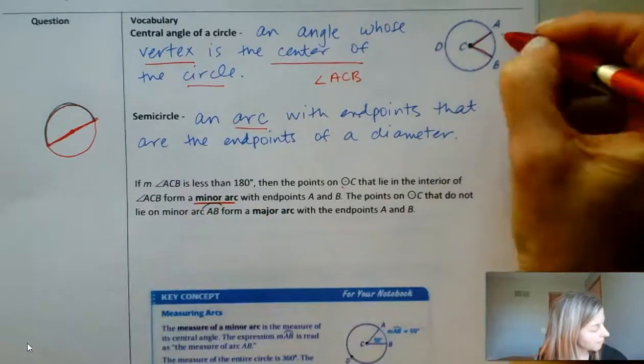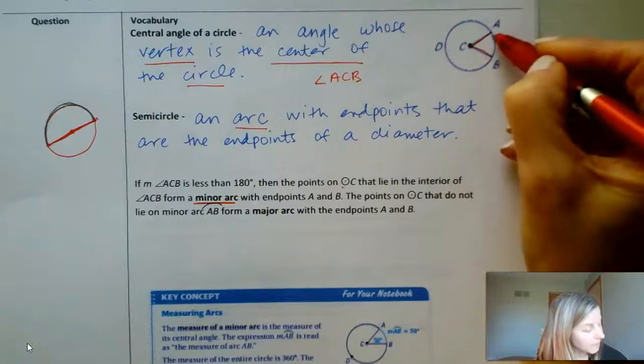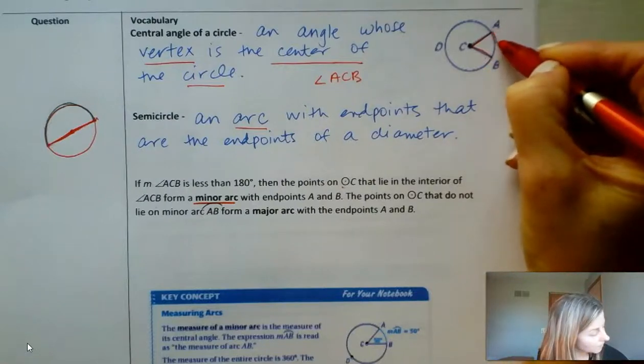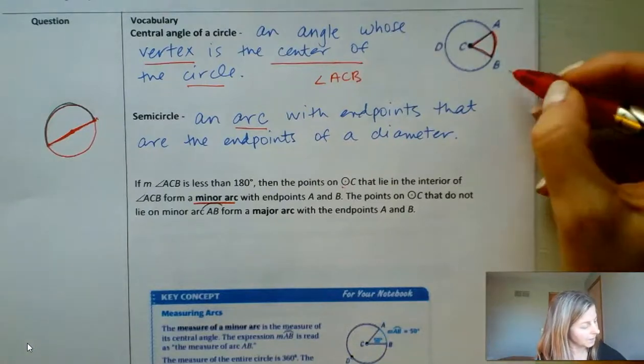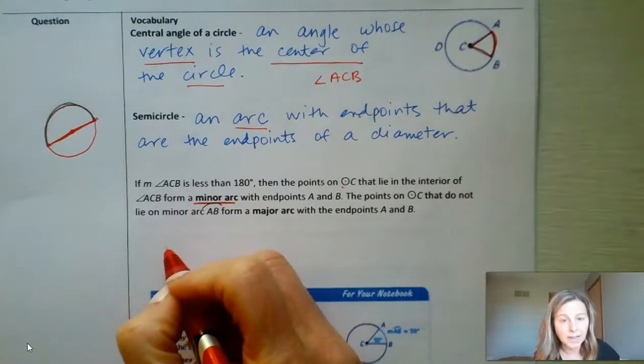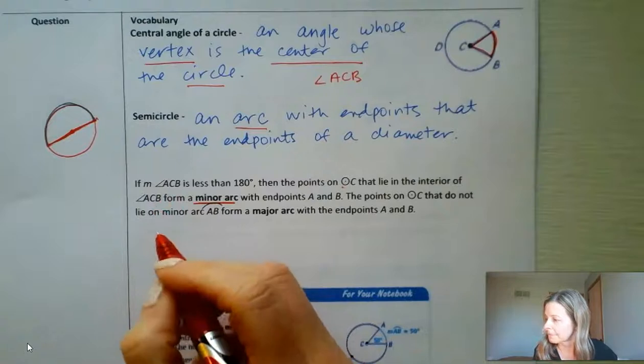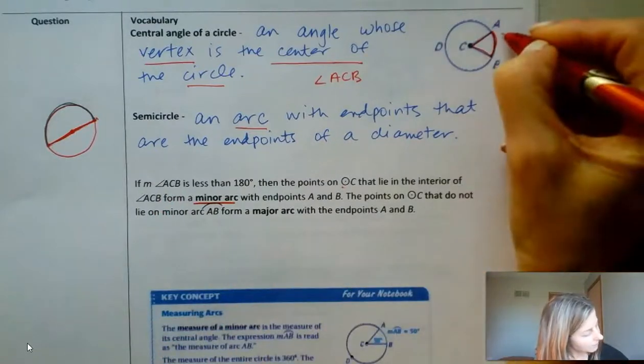I'm going to continue to outline in red. From A over to B is considered a minor arc. I'm going to label it right next to it.